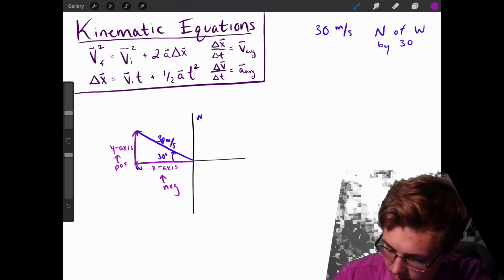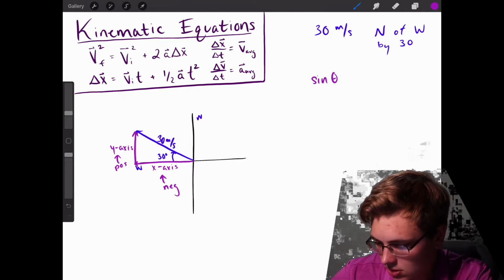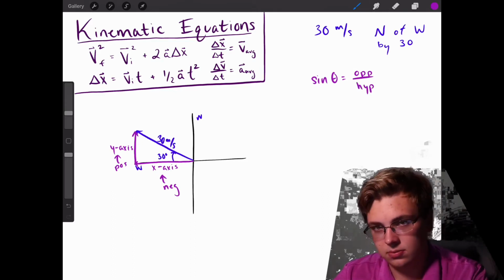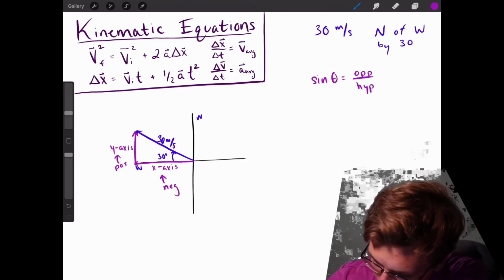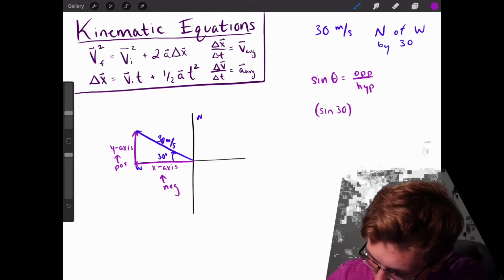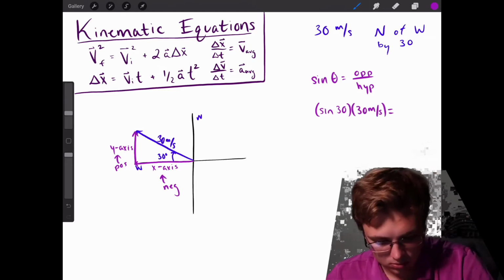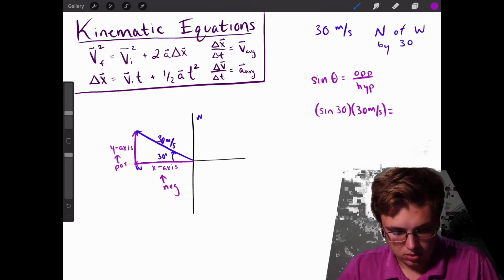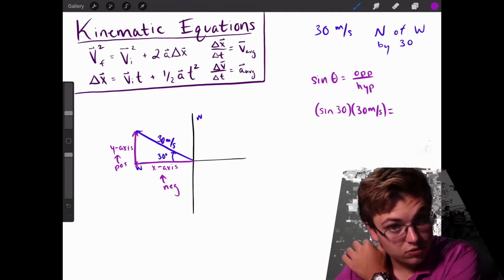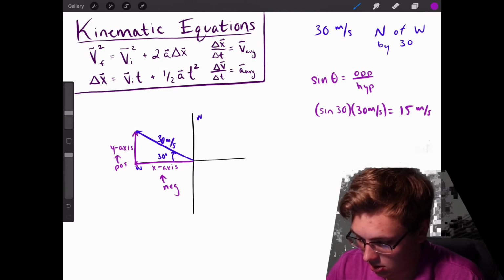So to find our y, we know sine of theta equals opposite over hypotenuse. So sine of 30 degrees times our 30 meters per second will equal 15 meters per second upward.